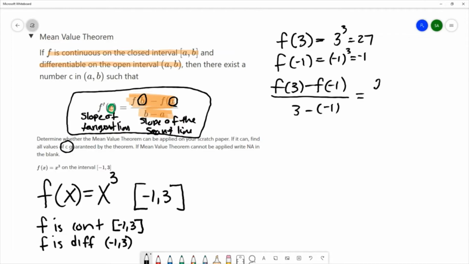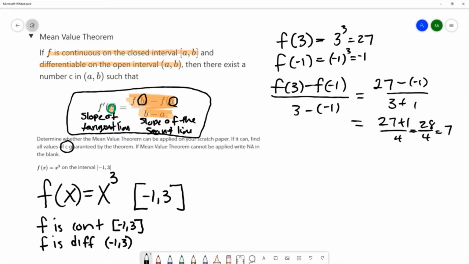That's 27 minus -1 over 3 plus 1. Minus a negative is plus. That's 27 plus 1 over 4. 28 over 4 is 7. So I've worked out the right-hand side.